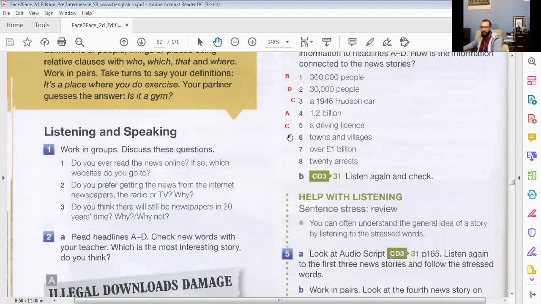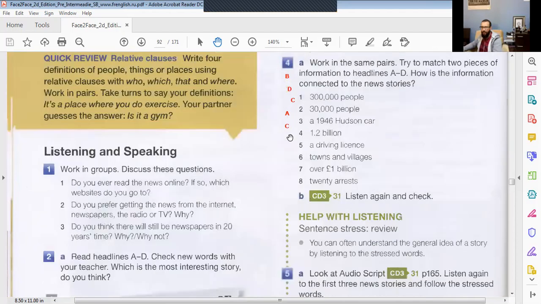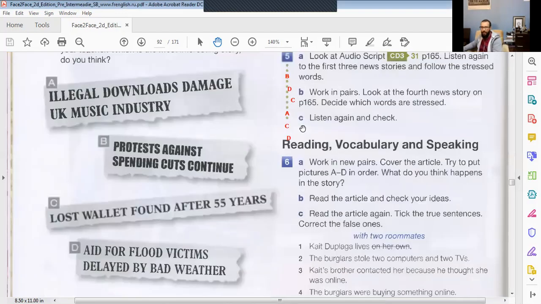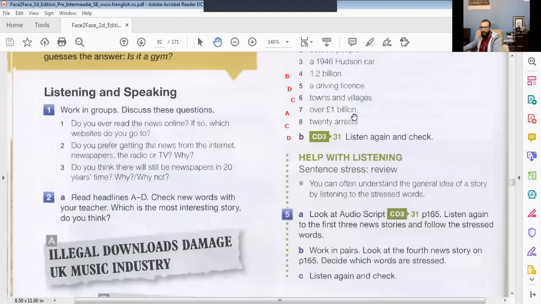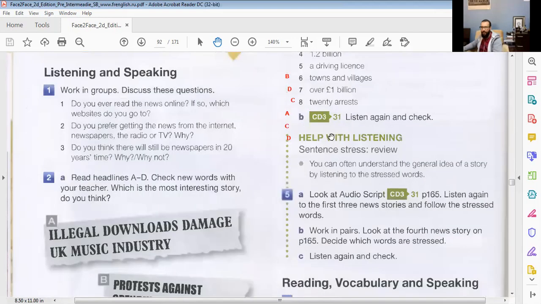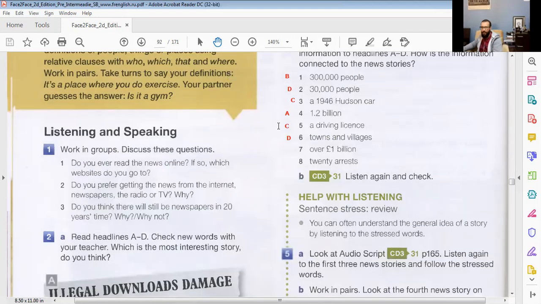D, okay. Number 7, over $1 billion. Sorry, 1 billion pounds. A, okay. And the last one, 20 arrests. B. All right.